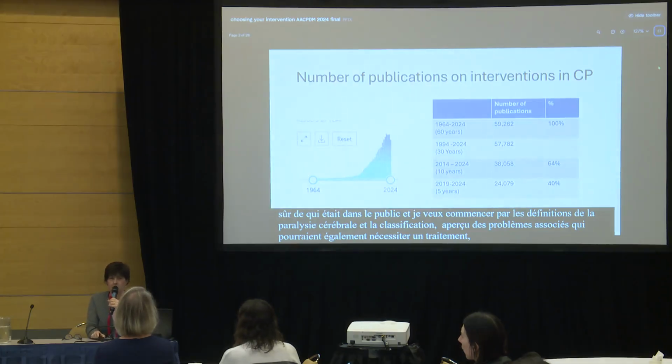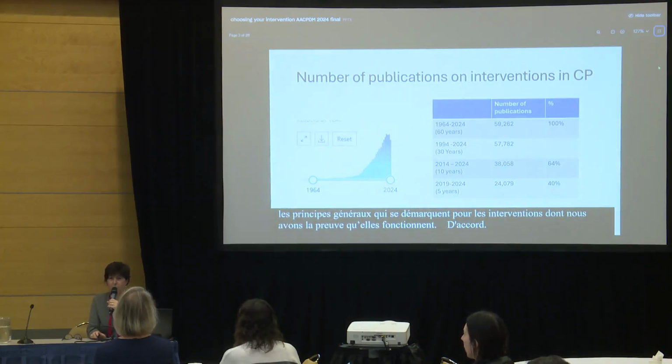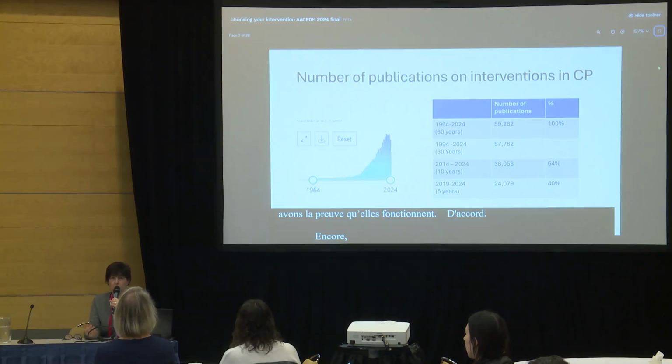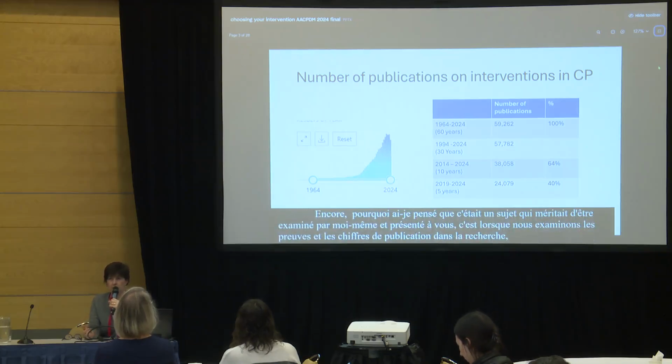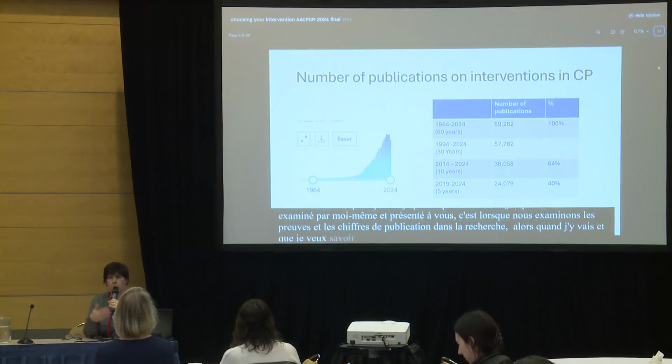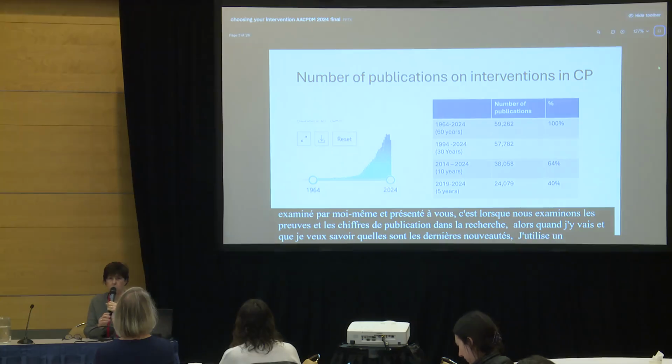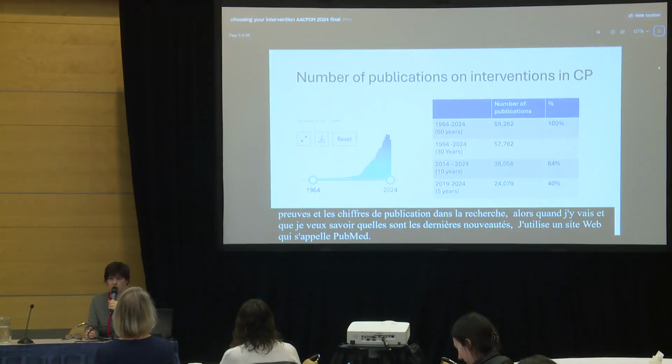Okay. So again, why did I feel that this is a topic that is worth reviewing for myself and presenting to you is when we look at the evidence and the publication numbers in research. So when I want to know what's the latest in something, I use a website that's called PubMed. There are other platforms that people can use as well, and PubMed is my go-to place for any up-to-date research.